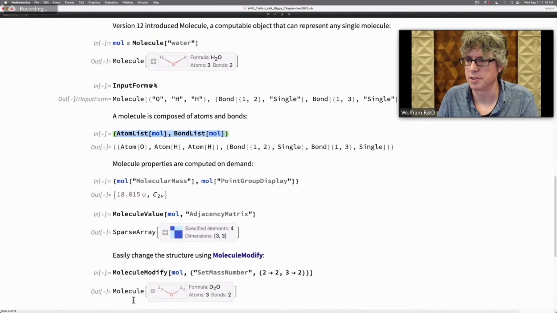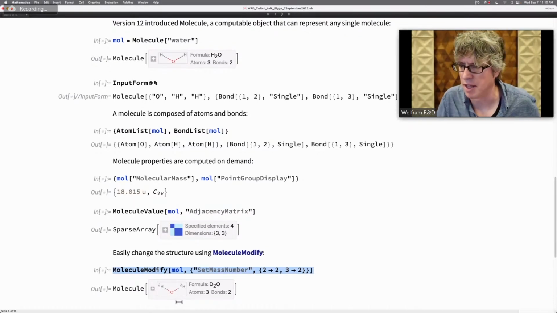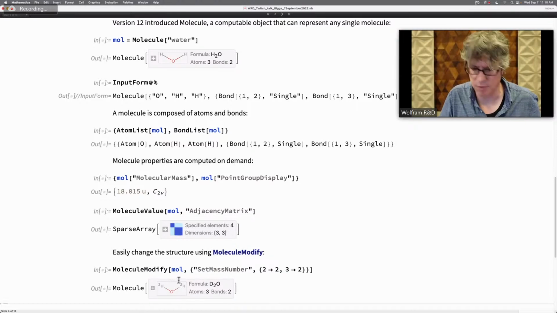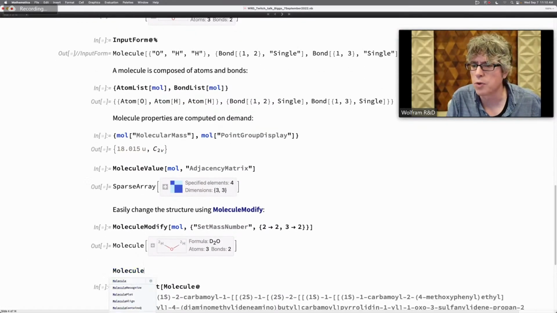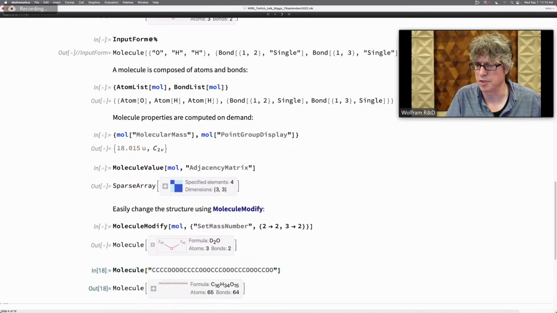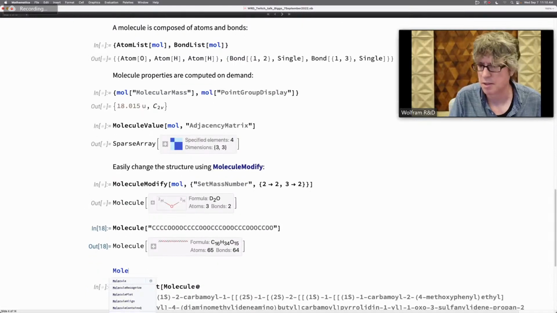So this was an example that would be heavy water. That's going to be in the knowledge base, but you could set the mass number to some ridiculous value, or you could put in a SMILES string for some molecule that is fairly ridiculous, but has never been written out before. And so this would be some long carbon and oxygen chain.